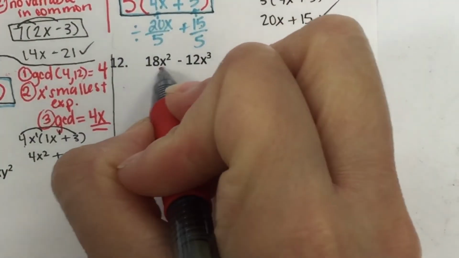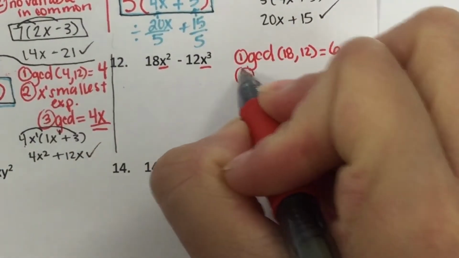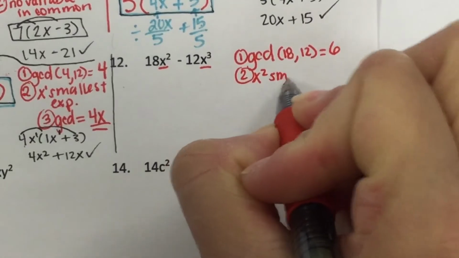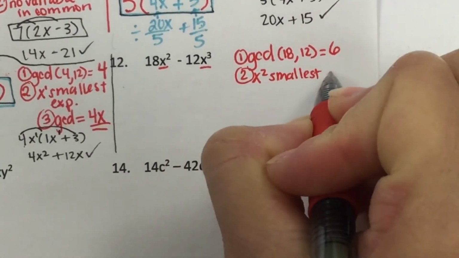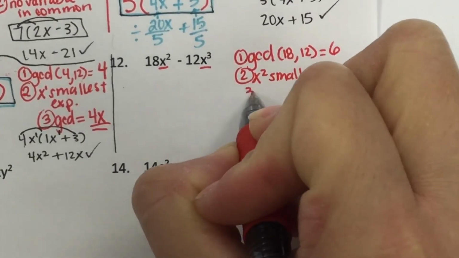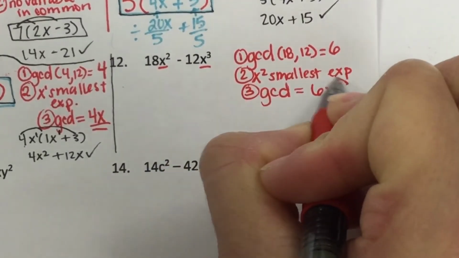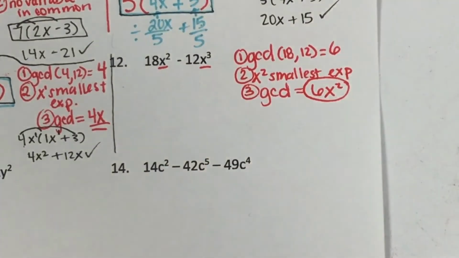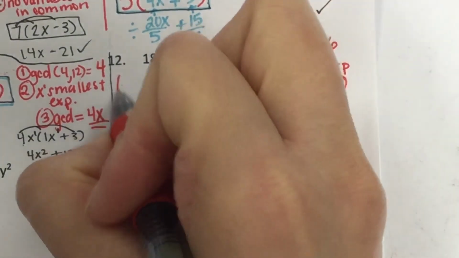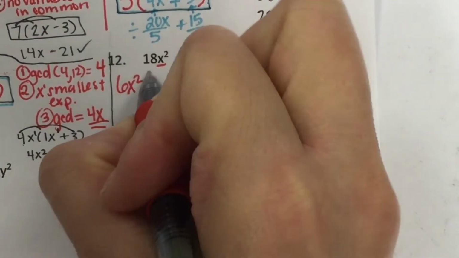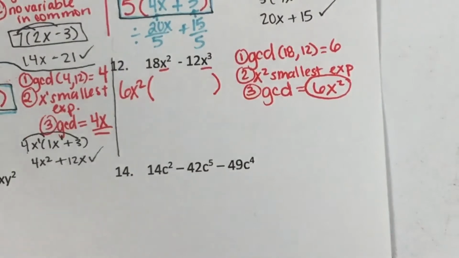And then you look at the variables. X squared is the smallest exponent. So together, the GCD is 6x squared. And this is going to go on the outside of the parentheses. So 6x squared goes on the outside, and we're going to figure out what goes on the inside.